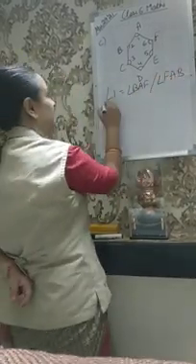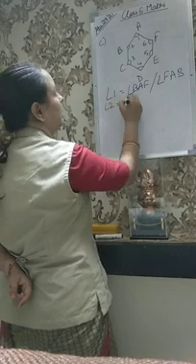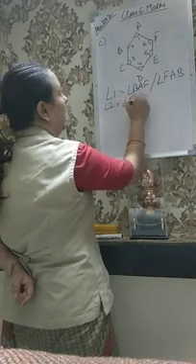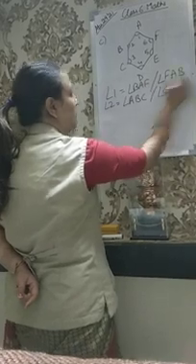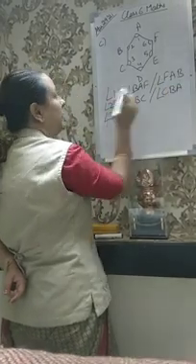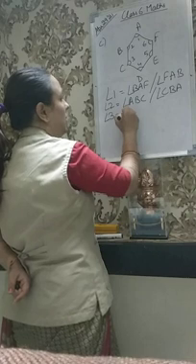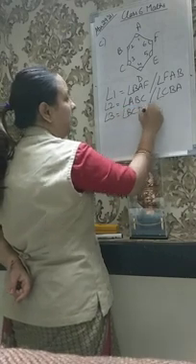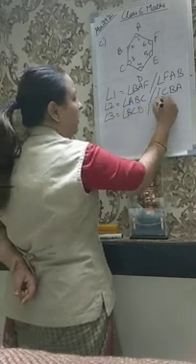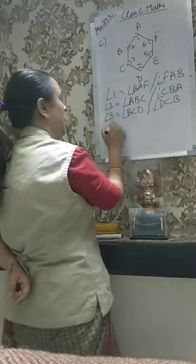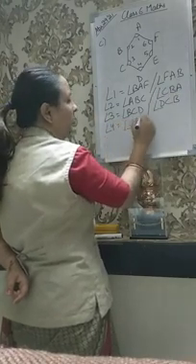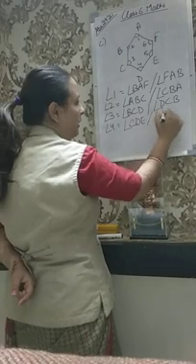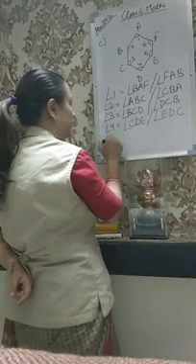Okay. Angle 2 is ABC or angle CBA. Angle 3 is BCD or DCB. Angle 4 is CDE or EDC.